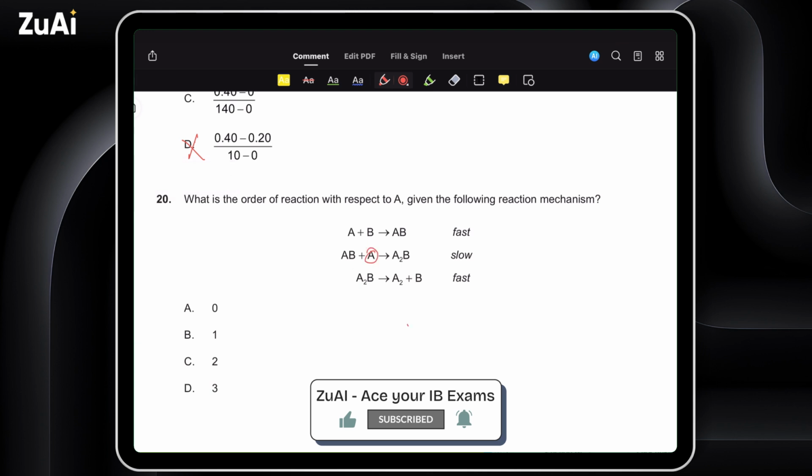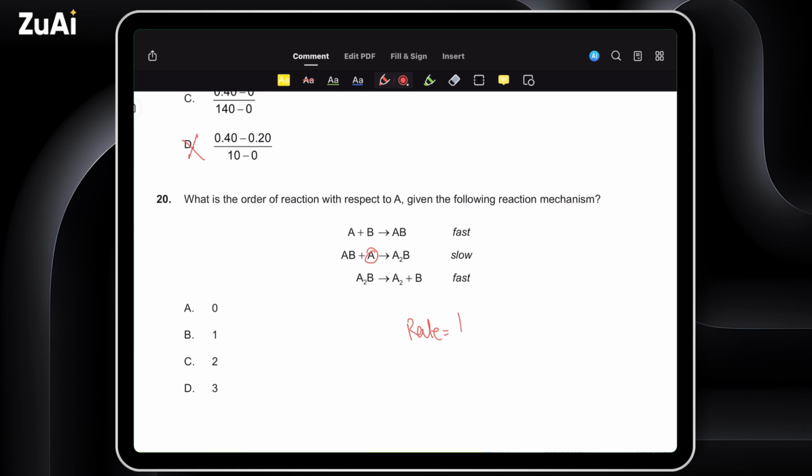So that's why we can say that rate is equal to k times A times B. So first order with respect to A, and overall reaction is second order. That is the rate determining step.